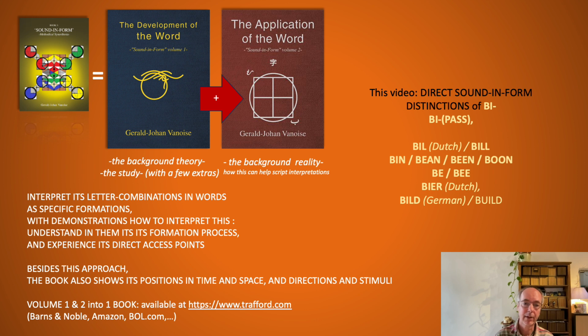Let's take BIL in the two different interpretations. Bin, bean, boon. The last one is a Dutch word. B or B, the B. BIER, in this case the Dutch word. BILD, a German word, and BILD as association with the English word.